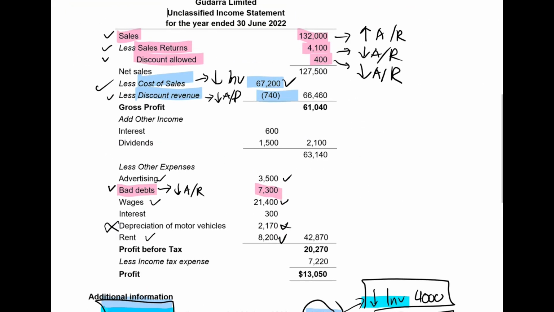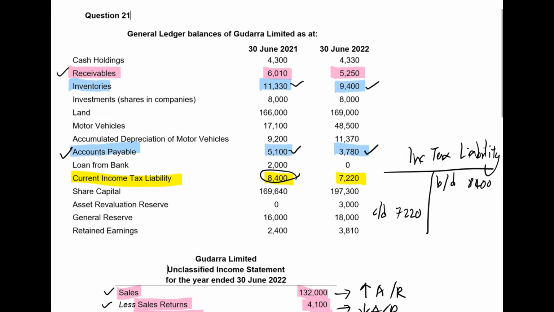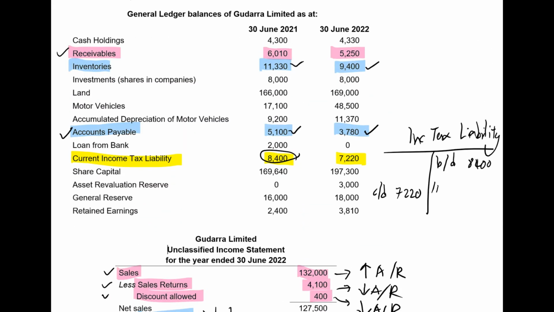Income tax expense is from your balance sheet over here, 7,220. So your total figure here we got 15,620. So this is supposed to be 15,620 as well.